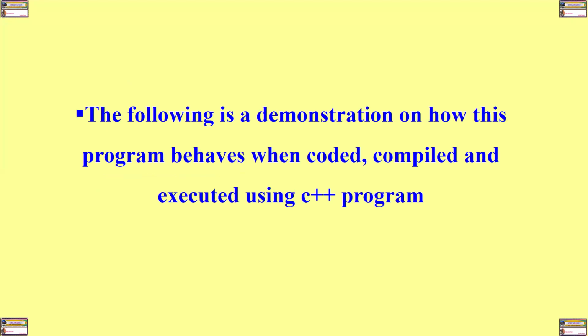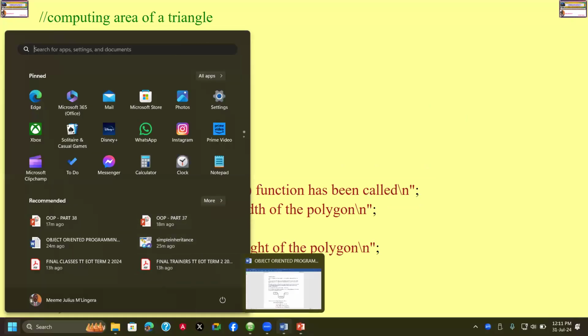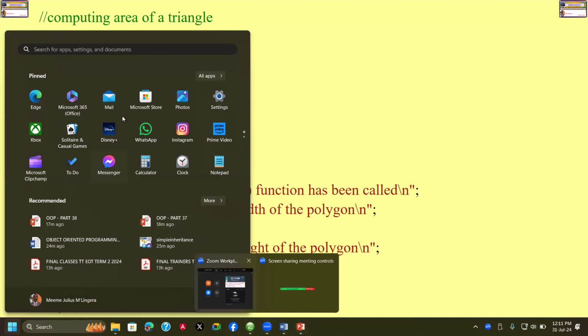So the following is a demonstration on how this program behaves when coded, compiled, and executed using C++ program. In other words, my dear students, the rest of the learners, let us now type this program in our C++ program and then see how it is going to behave. So we are going to start our C++ program as usual.